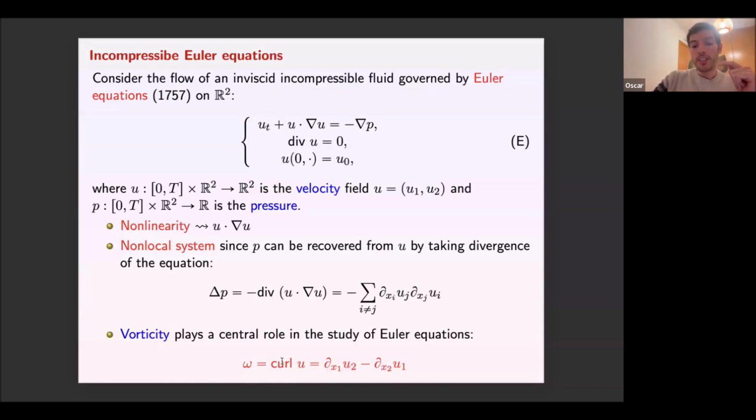And in the 2D setting, this expression admits a nice characterization in terms of the partial derivatives of the velocity field. All right, so this is a scalar. Most of the results will be formulated in terms of the vorticity rather than the velocity. But there exists a symbiosis between vorticity and velocity because one can also recover the velocity from the vorticity via the so-called Biot-Savart law. But we do not go into further details.